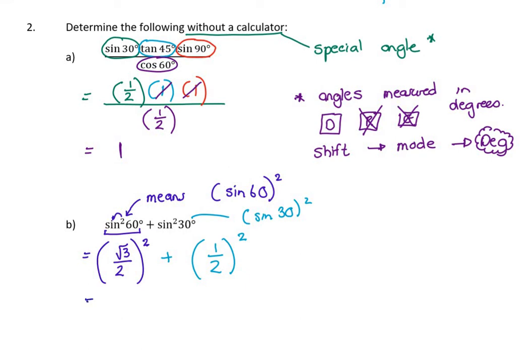So this first term, root 3 squared is just 3, and 2 squared is 4. The next term, 1 squared is 1, 2 squared is 4. So I get 3/4 plus 1/4, which is 4/4, which is 1. And so, as you'll see, I could have cheated with my calculator a little bit as I went.